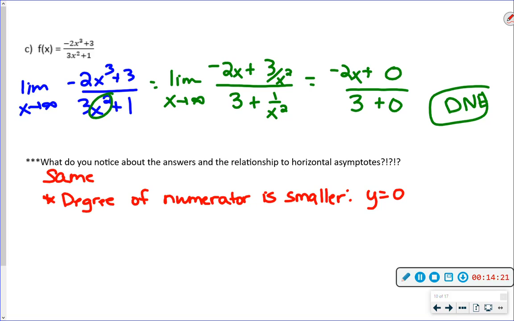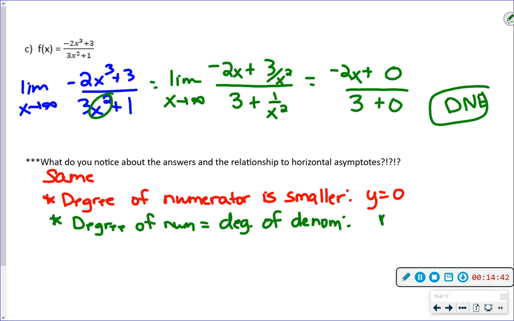If the degree of the top and bottom are the same, so degree of numerator equals degree of denominator, I'm just abbreviating, then it's y equals the ratio of lead coefficients.